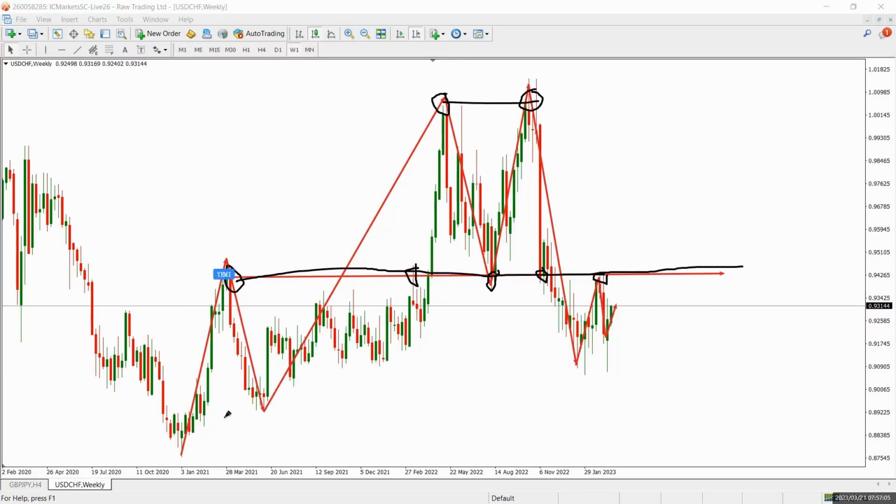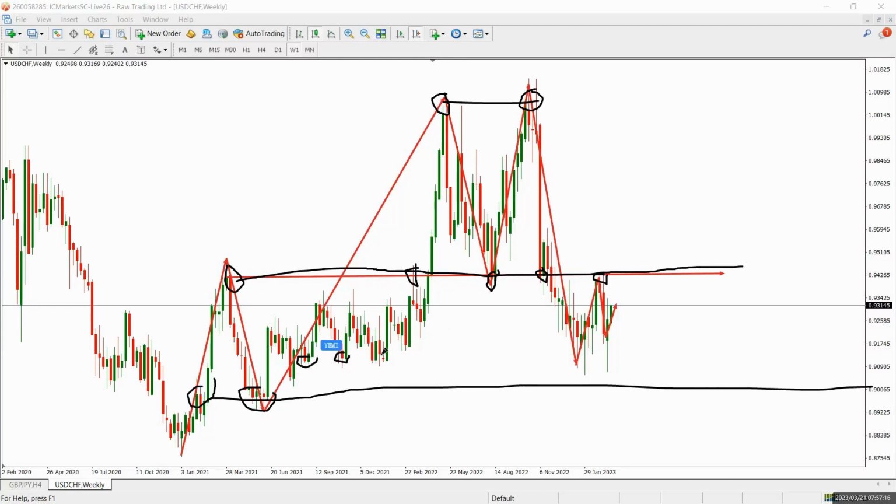Let's go to the downside. We have a resistance level right here, a support level right here, and you can see that the market is also connecting it. And we have this level right here, which is a support level, support level, and you can see the market is connecting it.